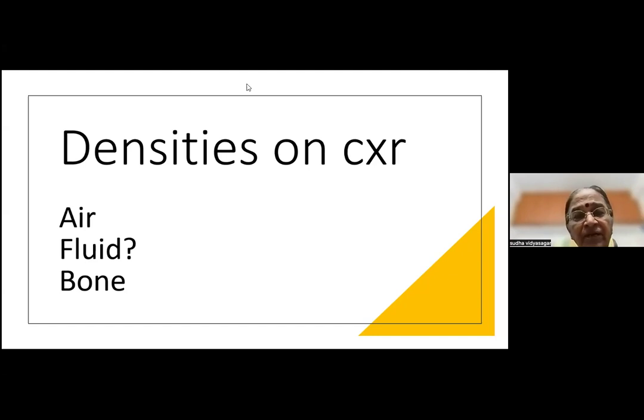But there is an in-between density, what we call the fluid density. So what all structures would come here in fluid density? Can you all type? What are the structures that will have fluid density? No, normal structures in the chest X-ray which are of fluid density. I'm not asking about effusion.